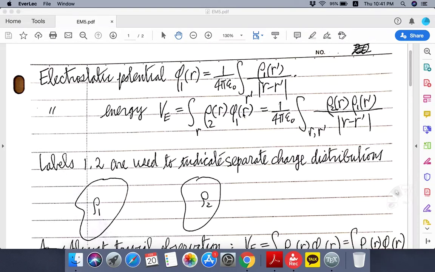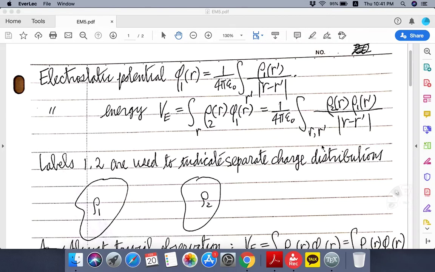And when you combine these two expressions together, the overall result will be this highly symmetric form where you have a product of charge densities from different objects, and they are weighted by this inverse of the separation.